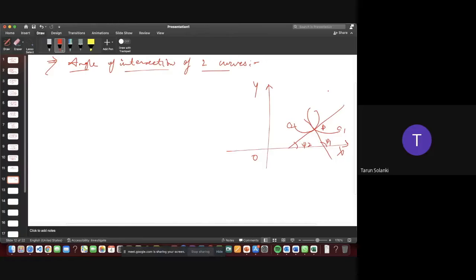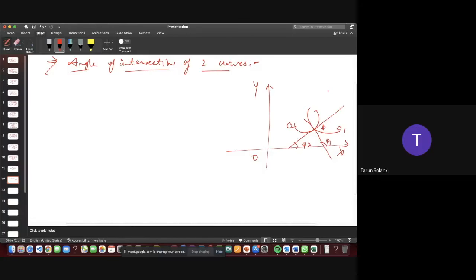So let C1 and C2 be two curves having equations y equals f(x) and y equals g(x) respectively, right? So let PT1 and PT2 be the tangents to the curves C1 and C2 respectively at their common point of intersection.